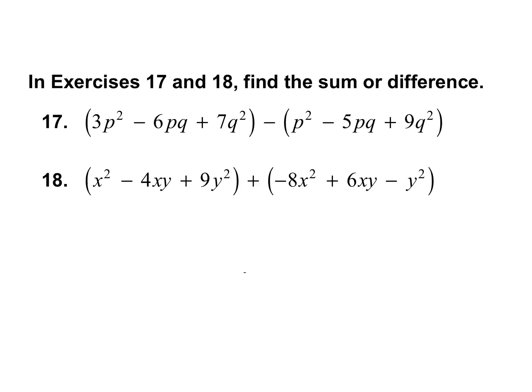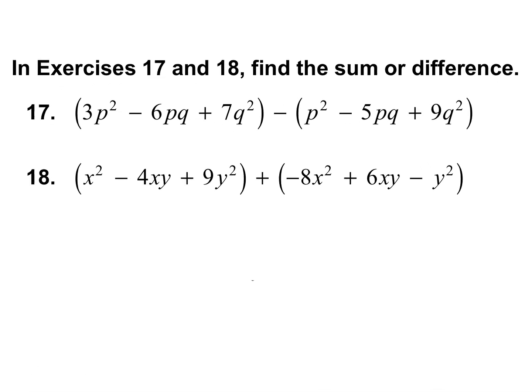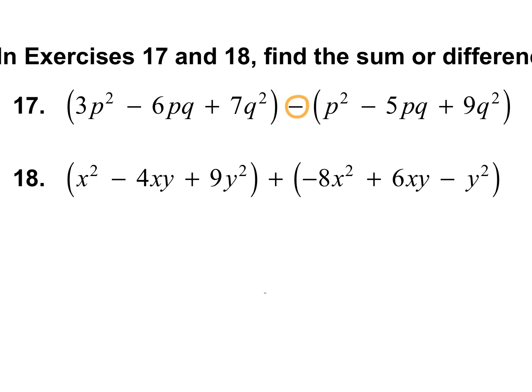All right, let's do 17. So 17, we are subtracting. We're finding the difference here. So what do we have to do first? Distribute. So it turns into minus p squared plus 5pq and minus 9q squared. What would we combine first? So those do get combined, negative 6pq and 5pq.